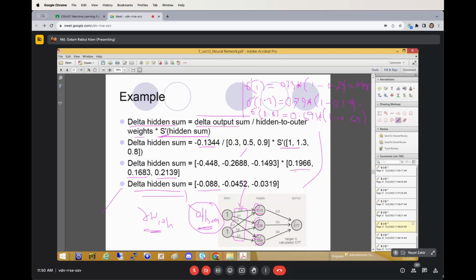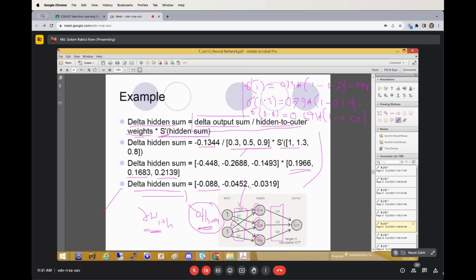So we already got this value, and now here is delta output sum divided by the hidden to output layer weights. We know the hidden to output layer weights. What are they? These are the weights: 0.3, 0.5, and 0.9.